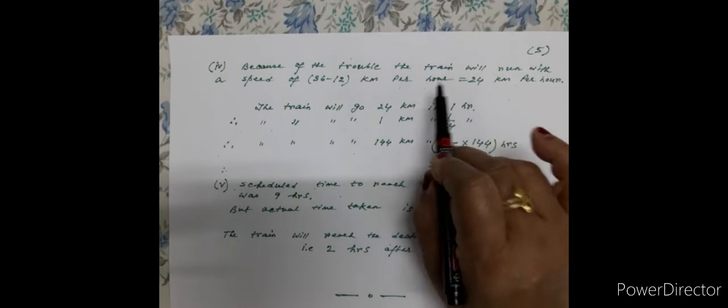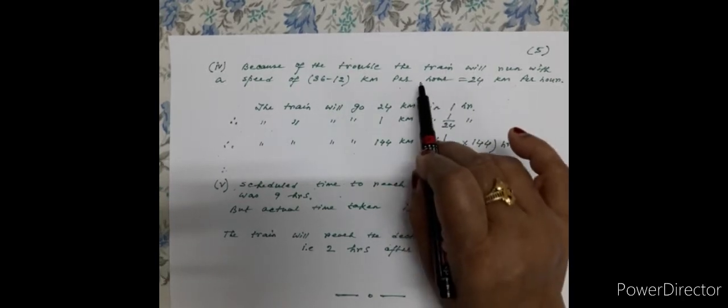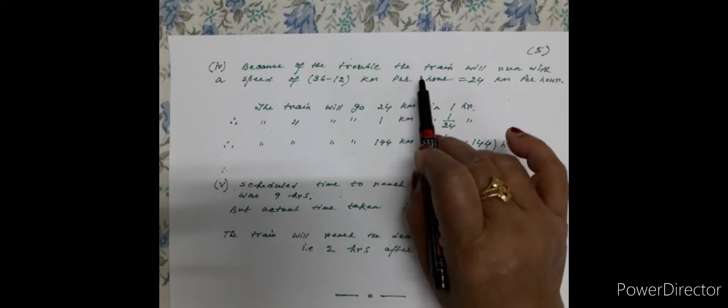If 12 got reduced, the train will run with a speed of 36 minus 12, that means 24 kilometers per hour. So, now when the trouble developed in the engine, the speed has become 24 kilometers per hour. Then the train will go at 24 kilometers per hour while 144 kilometers are yet to be covered.